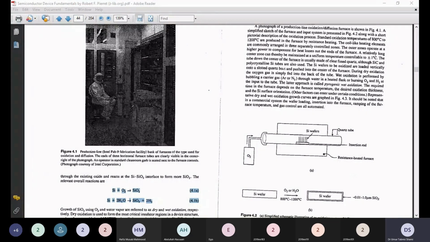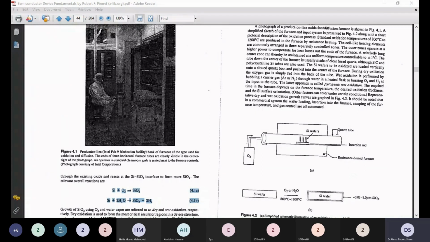The tube down the center of the furnace is usually made of clear fused quartz, although silicon carbide and polycrystalline silicon tubes are also used. The silicon wafers to be oxidized are loaded vertically into a slotted quartz boat and pushed into the center of the furnace.